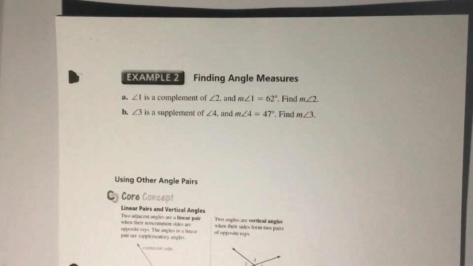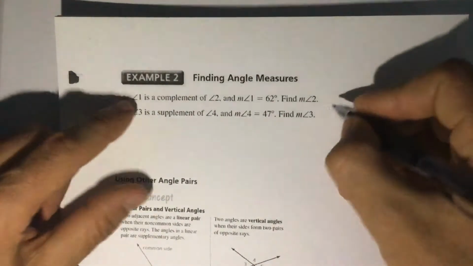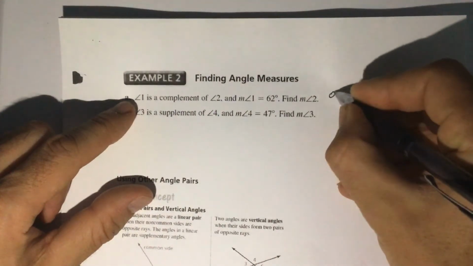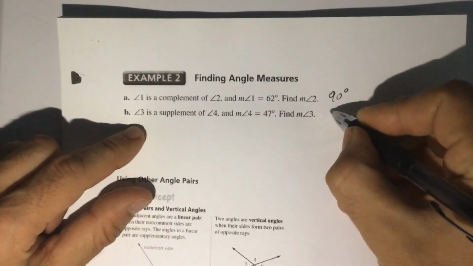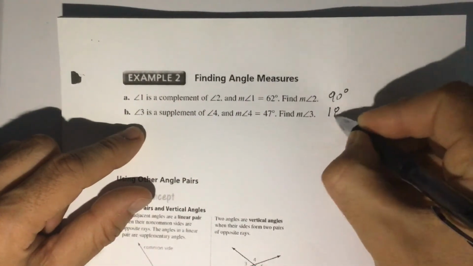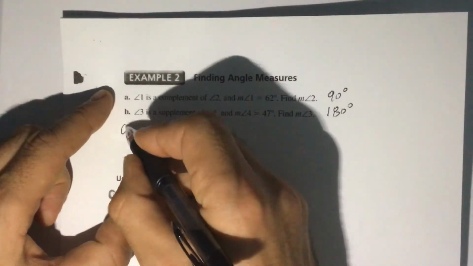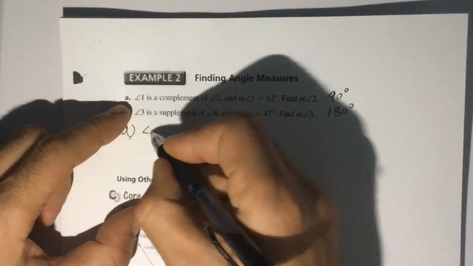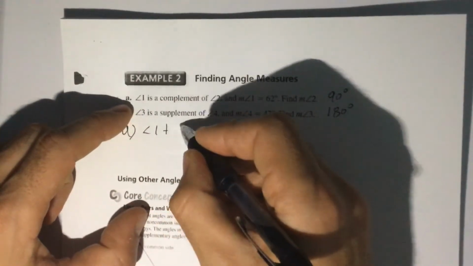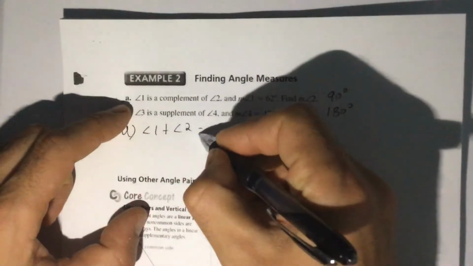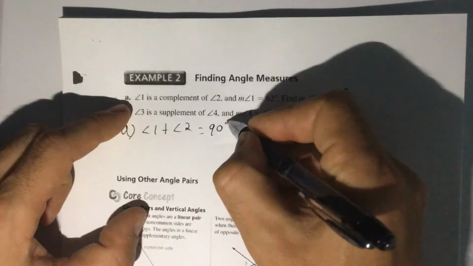So pause the video, see if you're able to do it. All right, so let's go over it. Let's find out example 2a. Remember that complement is two angles that add up to 90 degrees, right? And supplements is two angles that add up to 180 degrees. So in this case, example A, angle 1 plus angle 2 has to be equal to 90 degrees because they are complementary.